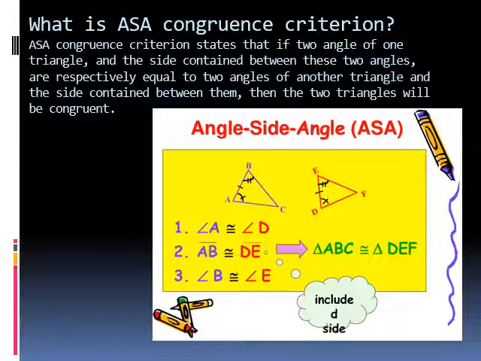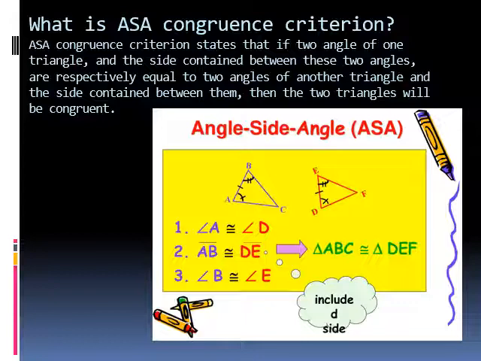You can look at the figure, and in symbolic form it has been explained that if angle A is congruent to angle D, AB is congruent to DE, and angle B is equal to angle E, we can say that triangle ABC is congruent to triangle DEF.